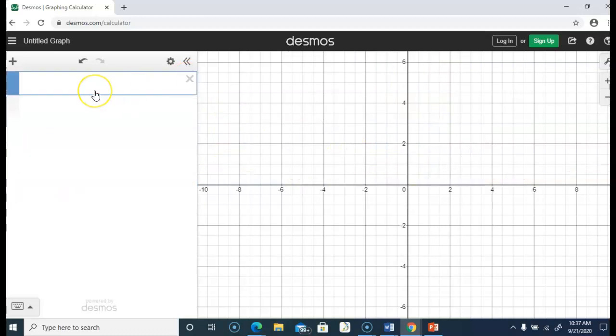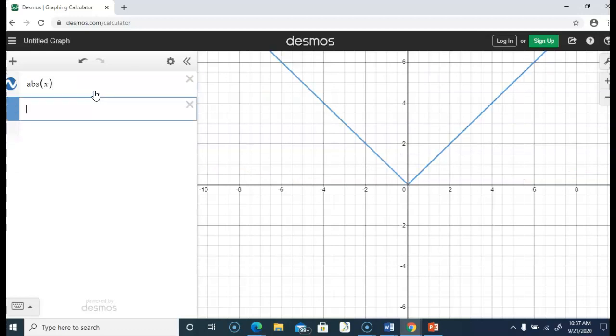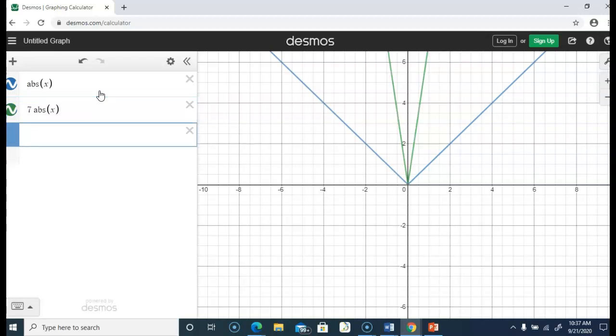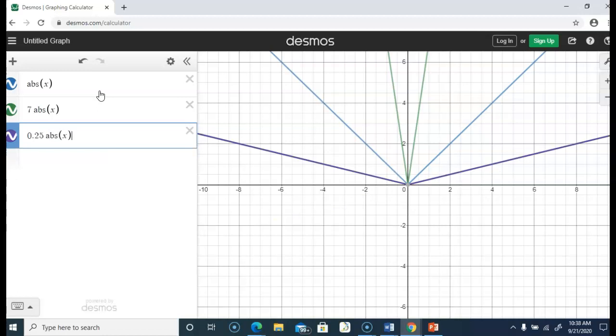If I were to look at, let's say, the absolute value of x, and if I put a number in front of that, like a 7, then it's just going to stretch it more. You can see in the green graph there. And if I were to put like 0.25 in front of it, then you can see that it kind of flattens it out. So hopefully you're seeing what these vertical stretches can do.